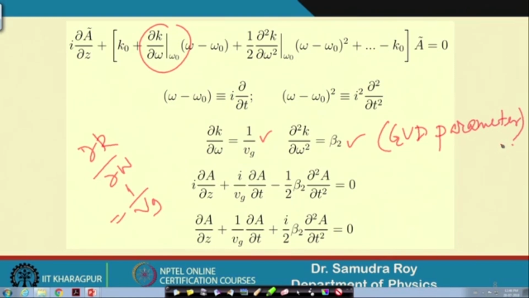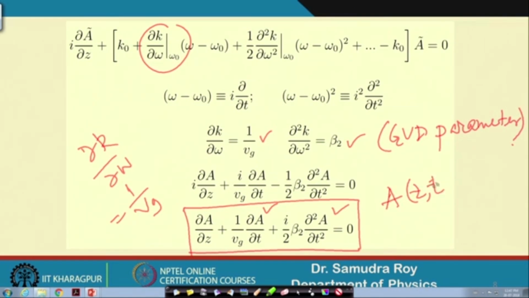Normally we call it the second order dispersion or simply dispersion. Now, replacing everything, I end up with an expression like this. One group velocity term is there, one group velocity dispersion term is there, and we have dA dz, where A is in time domain, mind you, because we converted our equation to time domain.